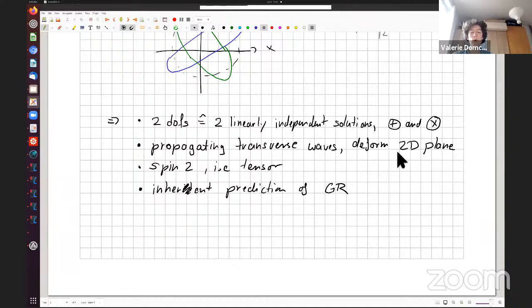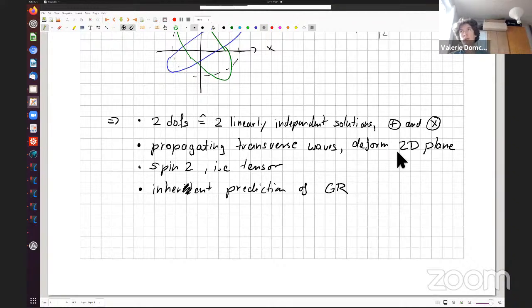We would also have more than 2 degrees of freedom. You can understand that by the analogy with electromagnetism. The massless photon just has 2 degrees of freedom, the 2 transverse degrees of freedom. But if we give it a mass, we in addition also have the longitudinal degree of freedom. And the same is true for gravity.